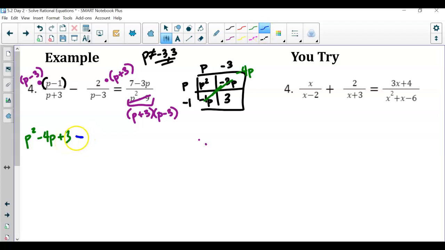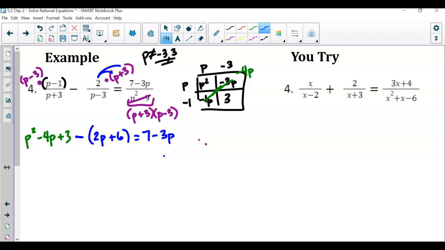Then minus, right? So we have minus. Now I've got 2 times p plus 3, so we're just distributing the 2 here. So I've got 2p plus 6 is equal to 7 minus 3p.